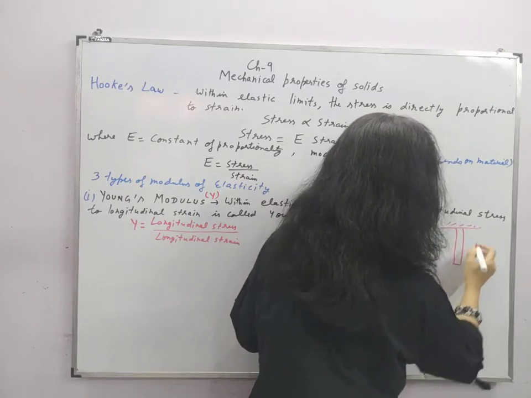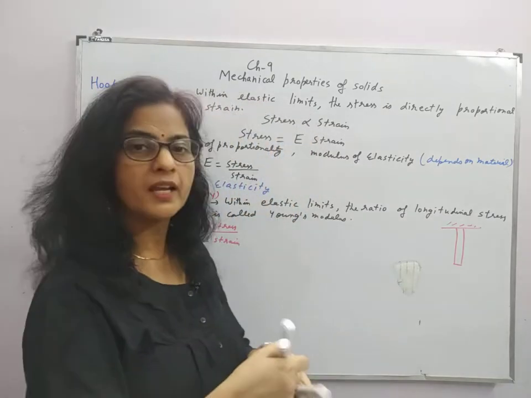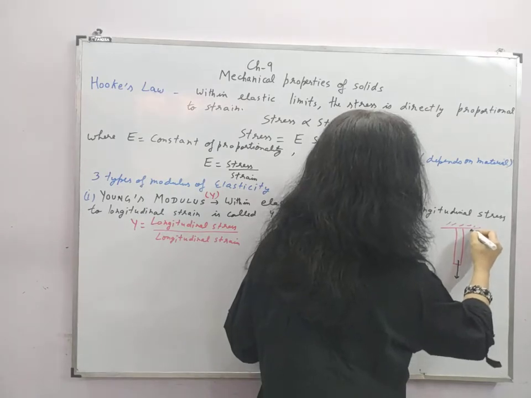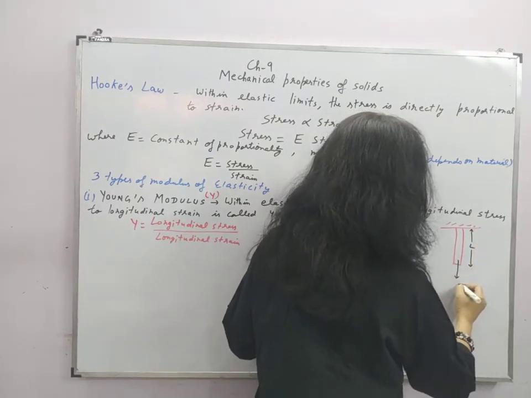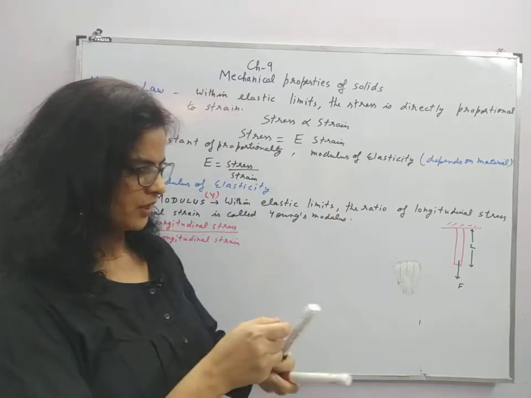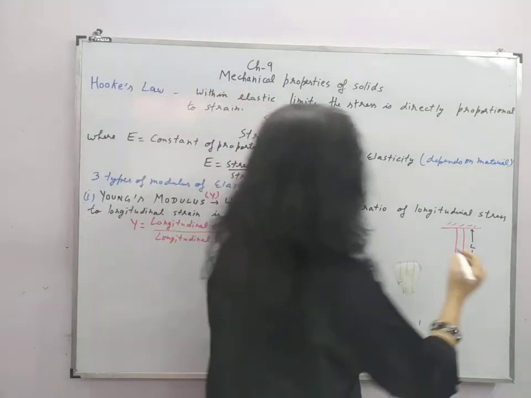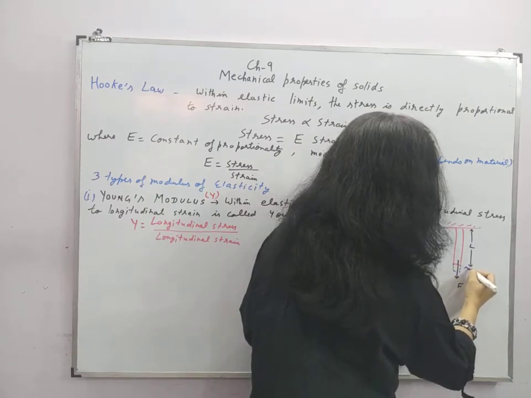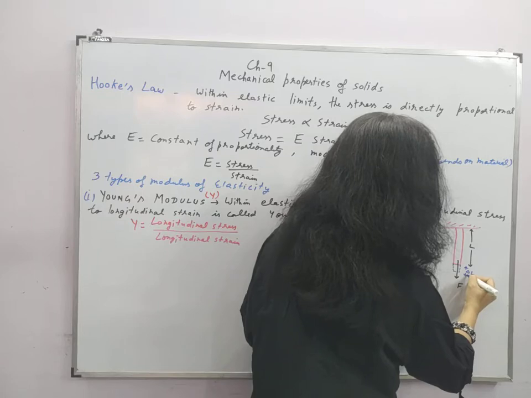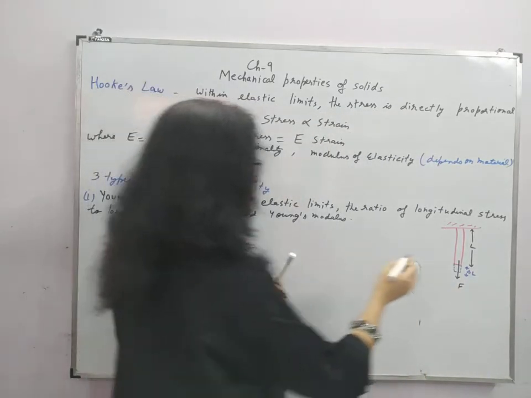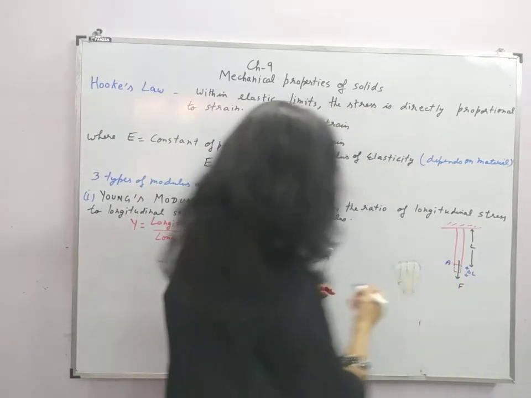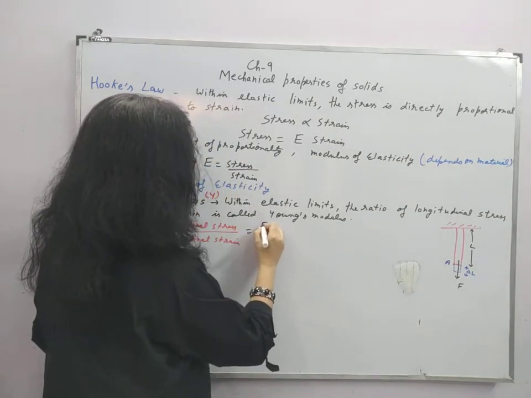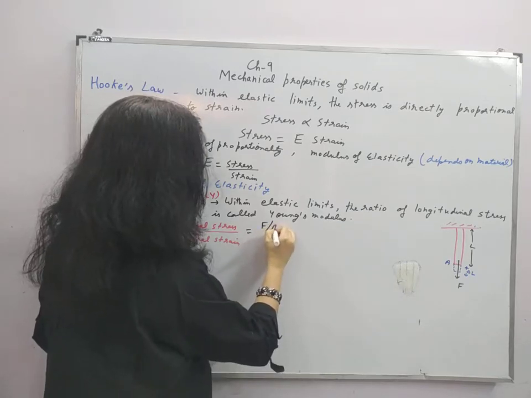So if this is the wire and we are applying a deforming force on it lengthwise. So if this is the original length, this is the deforming force, then if we consider that the change in length is this delta L and area of cross section of this wire is A, then we can write longitudinal stress as force upon area.